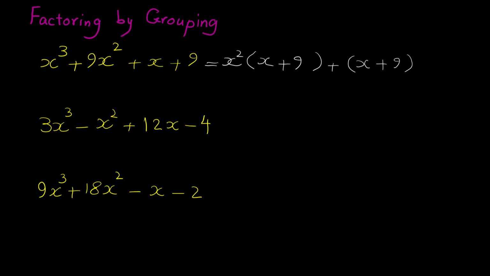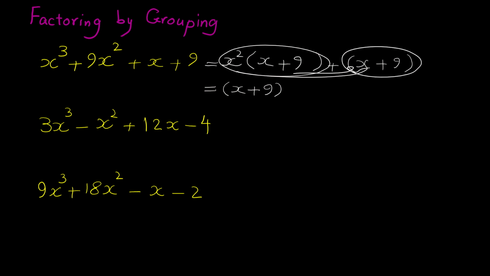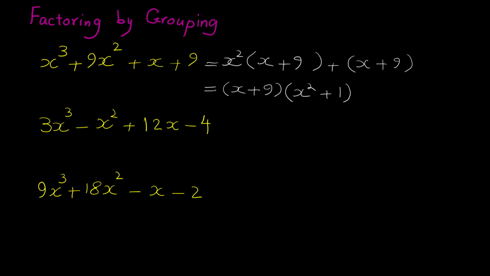Now, from these two terms, we can factor this common factor. If we factor x plus 9 from this and from this, from the first term we have x to the 2, so times by x to the 2, and from the next term we have 1. And this is the answer for this question.